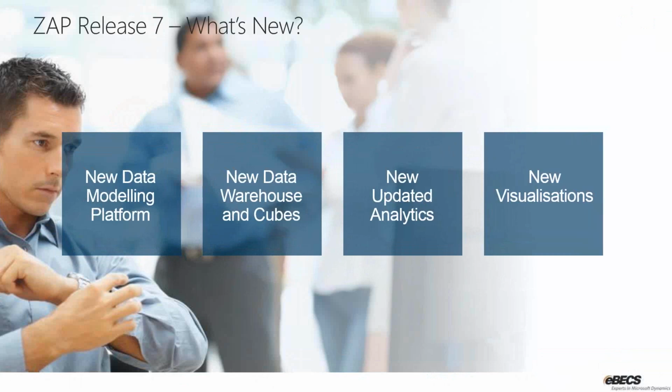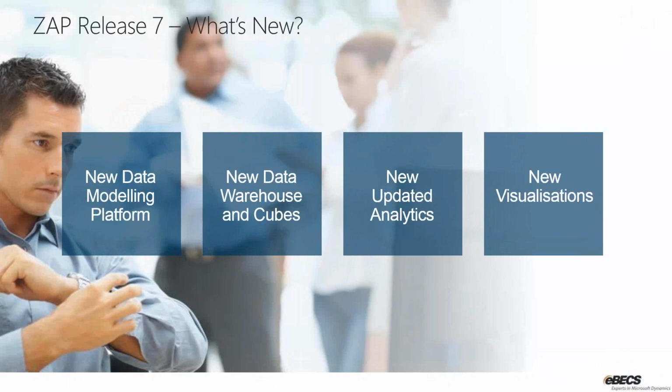The exciting thing happening with Release 7 of the ZAP BI toolset is that Cube Express element, that data element, lives now inside the web-based interface that you saw. So the creation of the data modeling all happens inside the portal, as well as the creation of the analytics, really simplifying and streamlining the whole user experience.